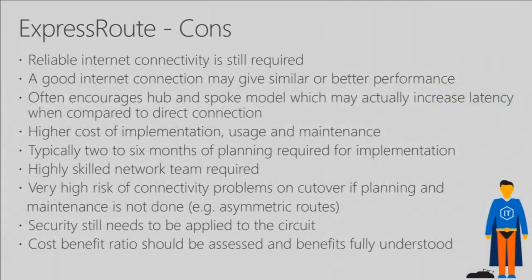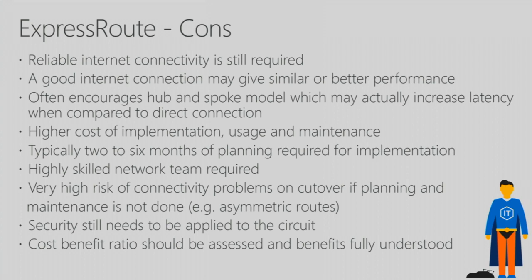But you can see there is a large list of cons here. As I mentioned, you still need internet connectivity, so it doesn't do away with that as a requirement for the service. Often, when we've optimized the internet connectivity model, internet may well give similar or better performance. ExpressRoute also tends to encourage that hub and spoke model that I mentioned before with proxies, that it's an expensive investment and it encourages traffic to come to that to utilize.